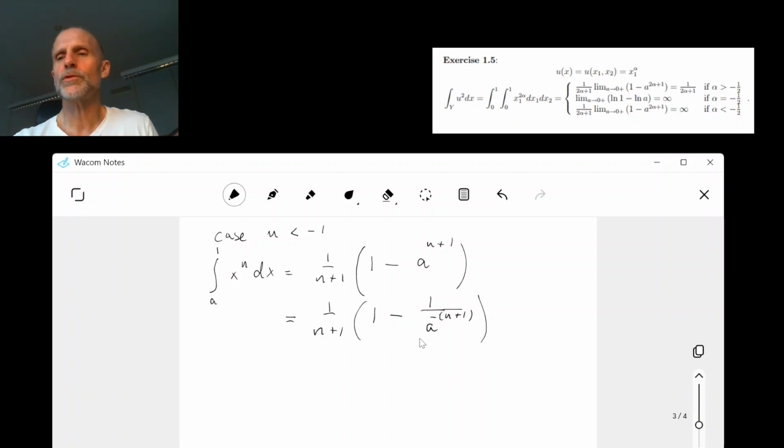This is just for you to see what's happening, because now, since n plus 1 is a negative number, this exponent is a positive number.